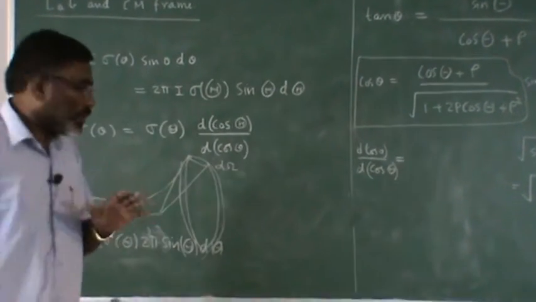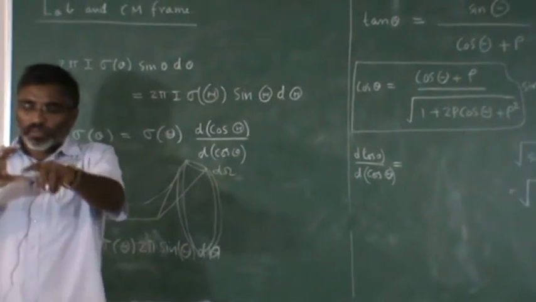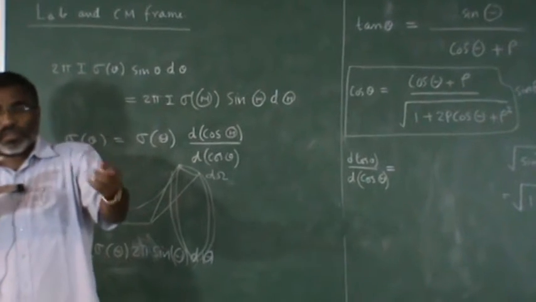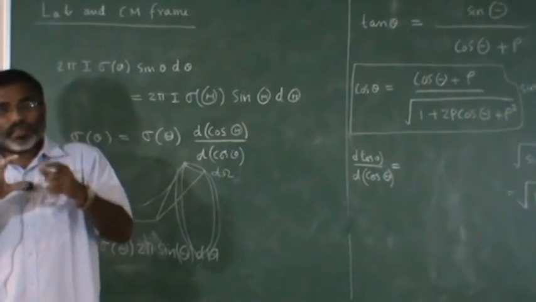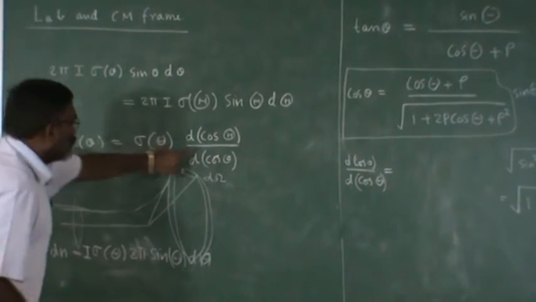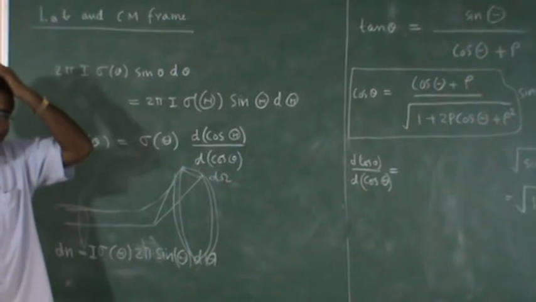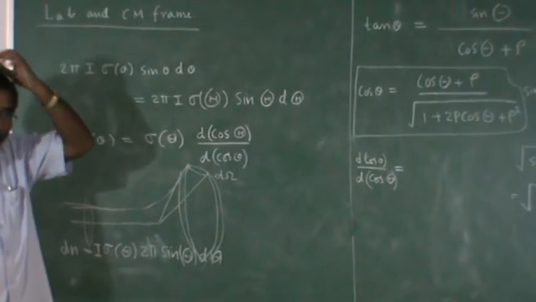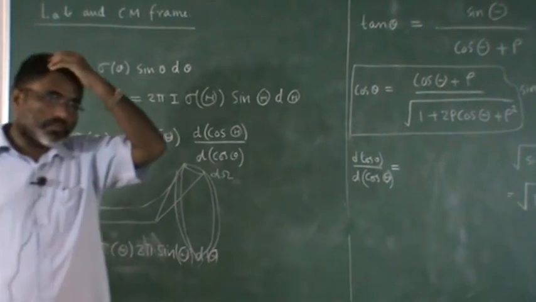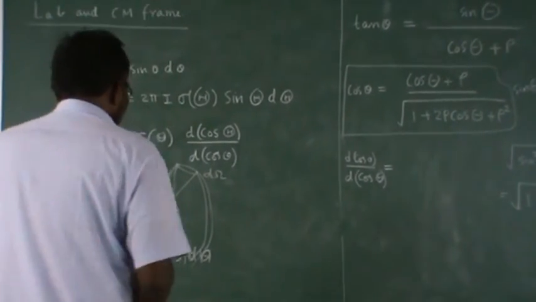So I am keeping a detector here. Someone is looking from the center of mass frame, someone is looking from the lab frame. Their angles are different, but this number will be the same. So this is the relation between sigma of theta in the two frames.